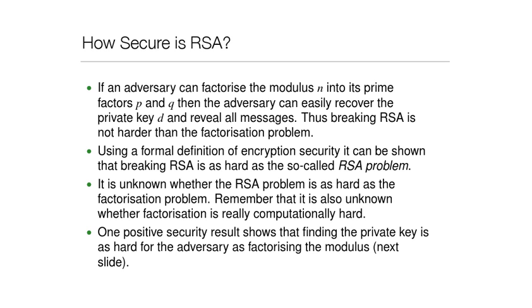We don't know. The only thing we know is that RSA is based on factorization, and if we can solve the factorization problem, we can break RSA. That's the only thing we know.